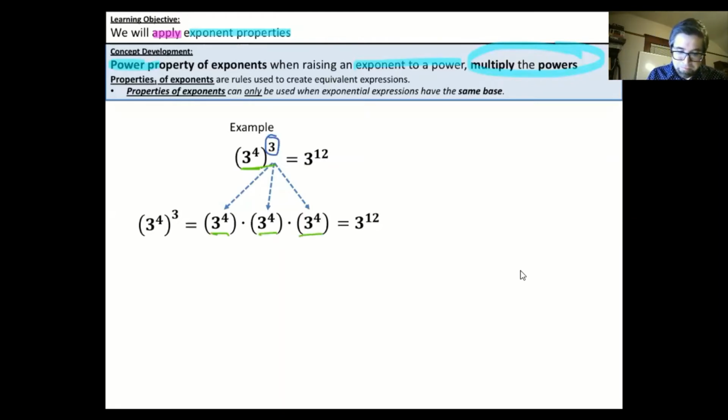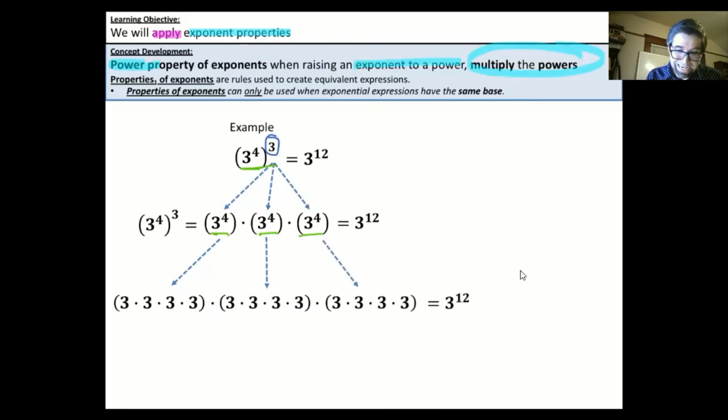Well, from here, you might be able to see how we end up with 3 to the 12th, but let's expand it even further. Let's go back and use our product property. 3 to the 4th actually means 3 times 3 times 3 times 3, so 3 to the 4th would be 3 written 4 times. I've got 3 of those. And now if I total up all of the 3's being multiplied, I've got 1, 2, 3, 4, 5, 6, 7, 8, 9, 10, 11, 12.